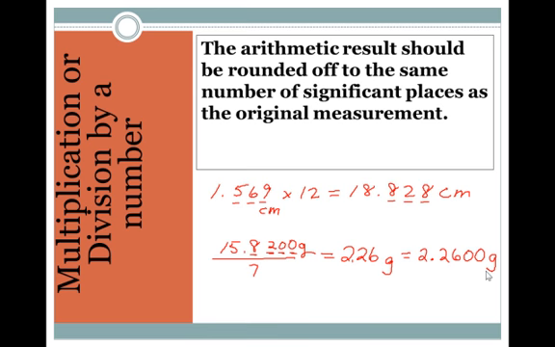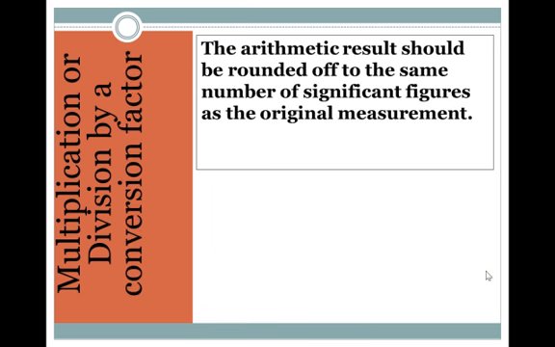Finally, if we are using conversion factors, such as 1 foot equals 12 inches is a conversion factor, or 7 days equals 1 week is a conversion factor, or you can say that like 1 meter is 100 centimeters.